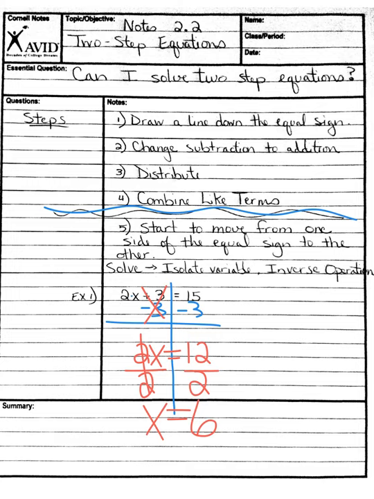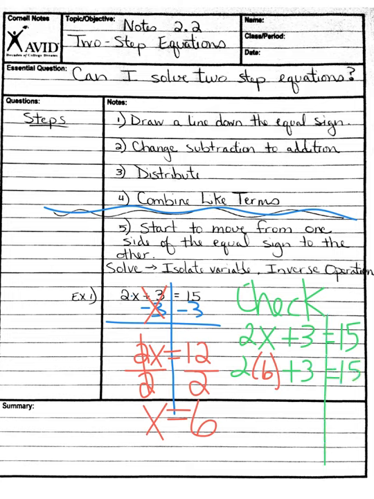And again, just like our problems on one-step equations, all equations we can check our answer. So let's do the check. And remember, to check, we want to write down the original problem. We want to take what we got for x and plug it in for the x. We want to make sure we use correct order of operations on the left-hand side.